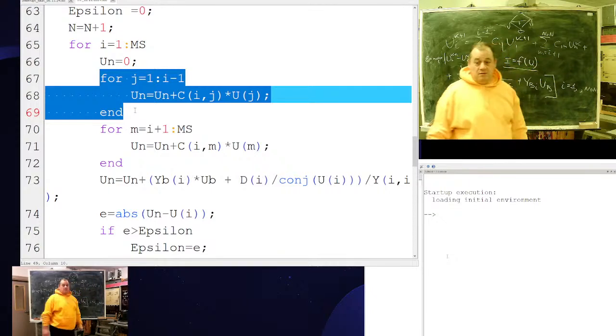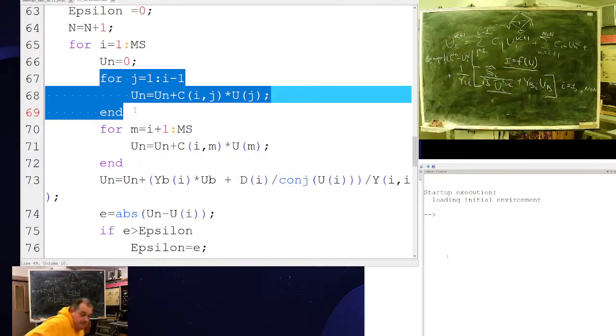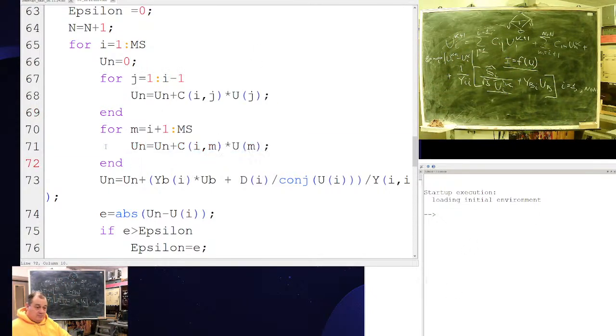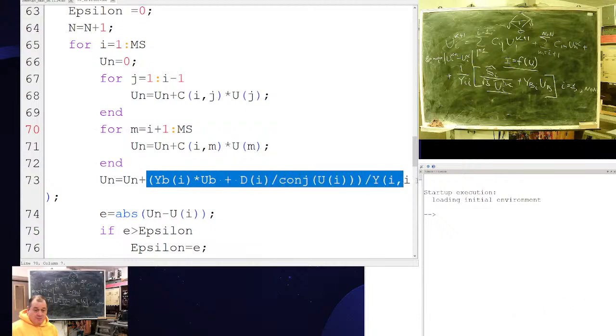Calculate the second sum. Yeah? This is for the second sigma. And for square brackets, here are my square brackets.